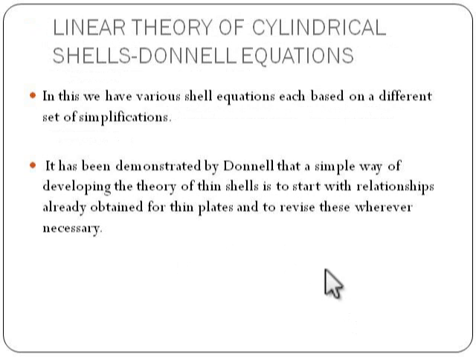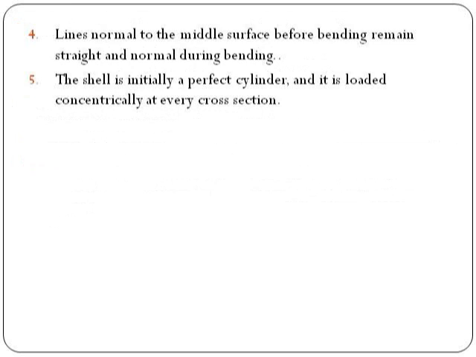So moving to the linear theory of cylindrical shells, in this we will see the linear theory of cylindrical shells, which is done using Donnell's equation. In the derivation of shell equations, there are lots of shell equations available.